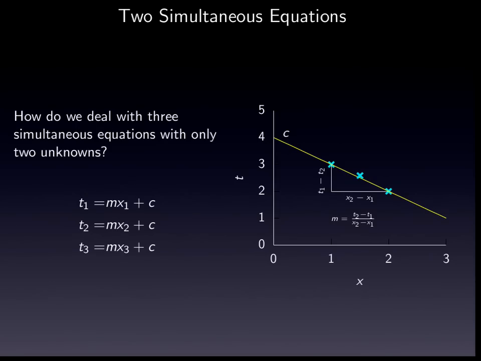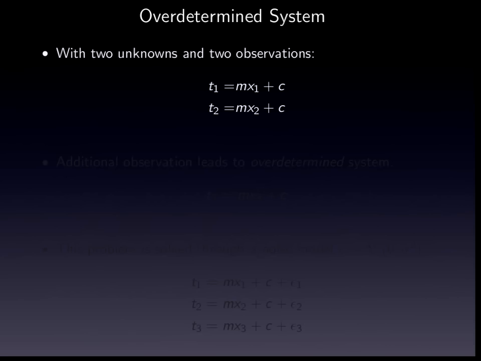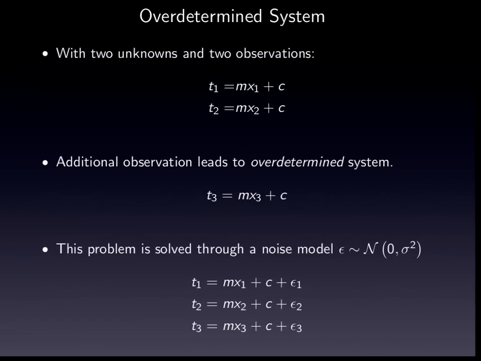Great. The problem was that if we added an additional point, that gives us a third equation and two unknowns. This is what we call an overdetermined system. There's more equations than there are unknowns. How did we choose to deal with that? What we added was what we called a noise model.